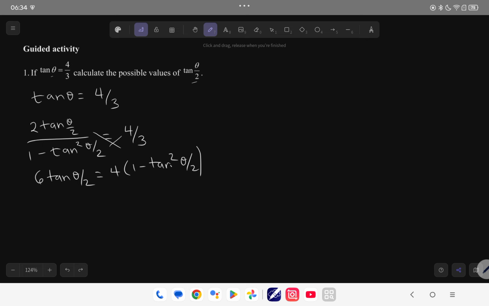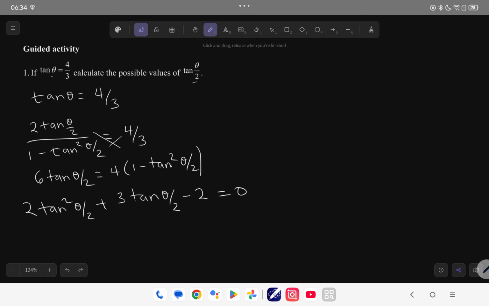Now, since we want tan theta over 2, we can rearrange this equation in a quadratic form. When we rearrange, we get 2 tan squared theta over 2 plus 3 tan theta over 2 minus 2 is equal to 0.